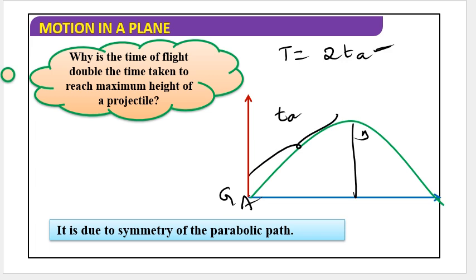Observe here, this is due to the symmetry of the parabolic path from ground to maximum height. Observe this picture, and B to C, from maximum height to ground, is also symmetric. So due to the symmetry of the parabolic path, time of flight is equal to time of ascent into 2 times.